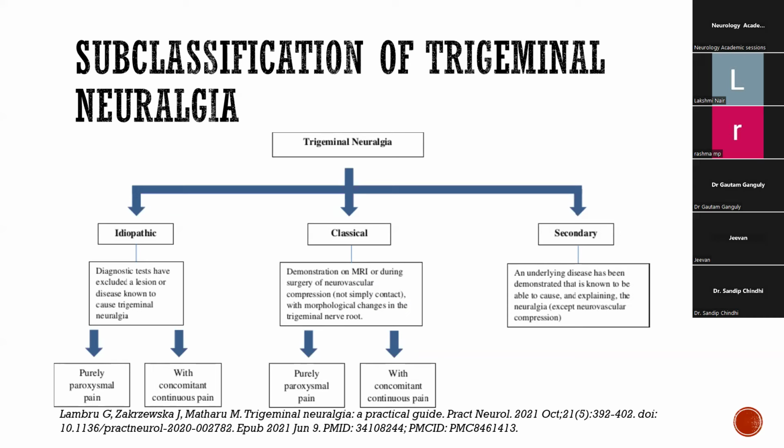In the classical form, there will be demonstration of a neurovascular compression, either on an MRI or during surgery. In secondary trigeminal neuralgia, an underlying disease has been demonstrated, and this is known to be able to cause and explain the neuralgia. Both the idiopathic as well as classical can be divided further into purely paroxysmal pain and with concomitant continuous pain.